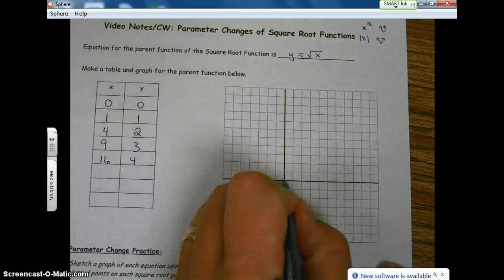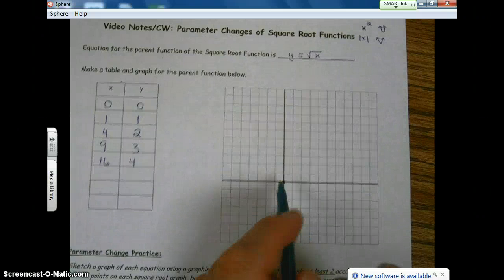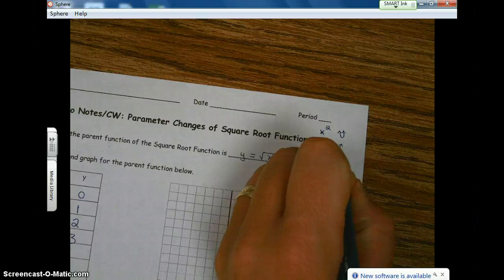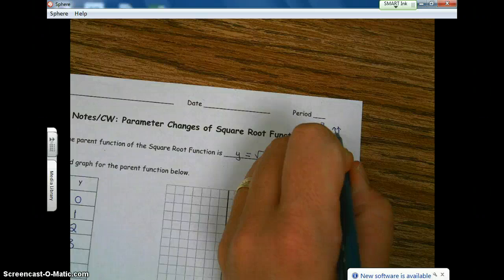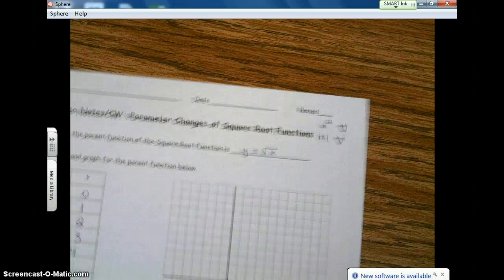So we have 0, 0. This is going to be our special point. Remember I talked to you about the special point? The special point on the absolute value being this point right here. The special point on a quadratic being its vertex. That's the point we're translating.